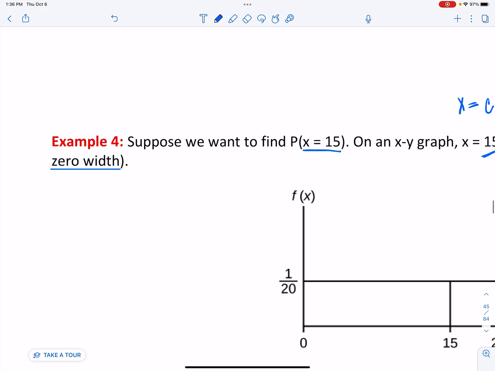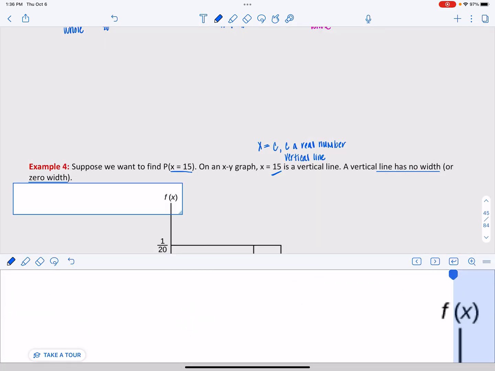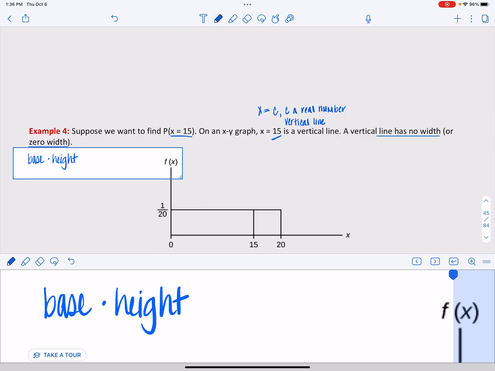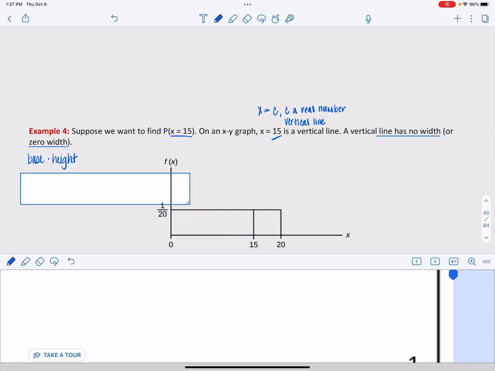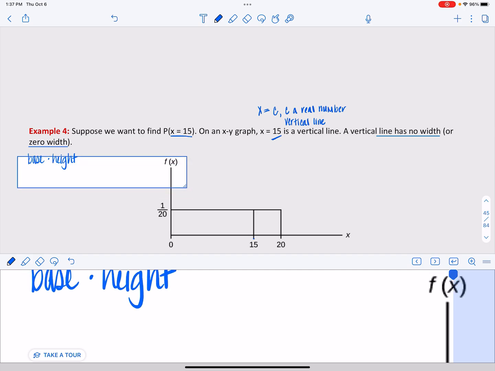So, if I go look at base times height, well, the base is usually the length of my rectangle, but all I have is that vertical line, so my base length is 0.